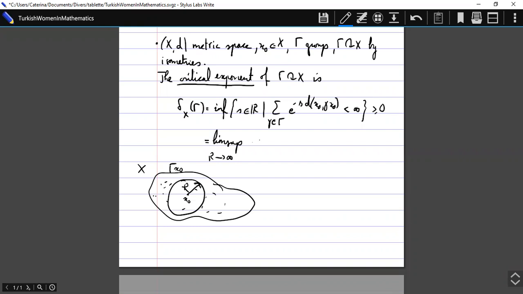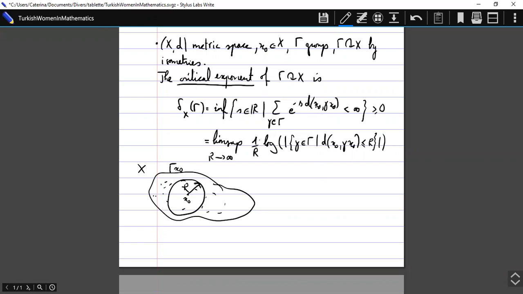So in the right normalization, this looks like this: the number of gamma in Gamma such that the distance between x0 and gamma x0 is less than or equal to r. Okay, so the elements of the orbit that lie inside this ball of radius r. So this is another way to see this critical exponent.